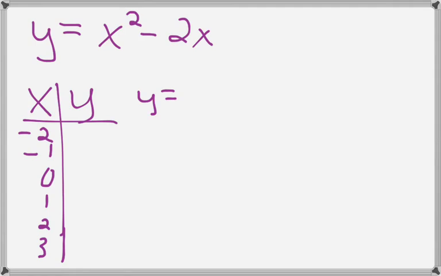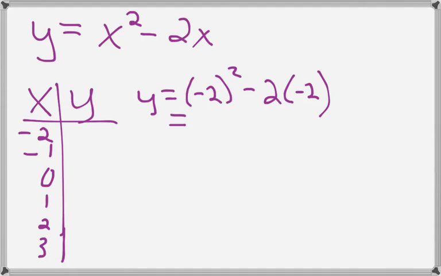So for example, if x is -2, then calculating this value will tell us what y is. So squaring -2 means we're doing -2 times -2. So a negative times a negative actually gives us a positive there. So this value, for example, would be 8.